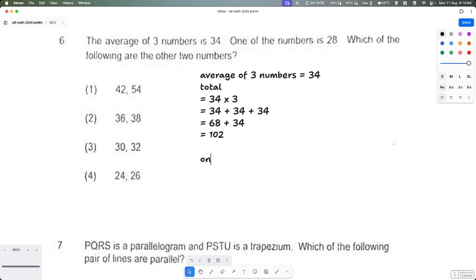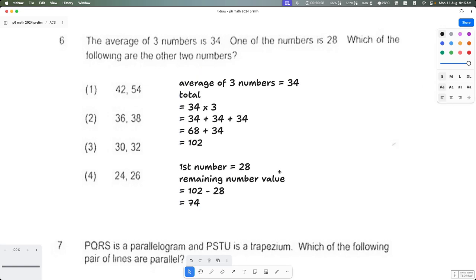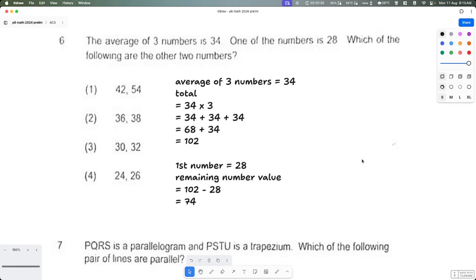One of the numbers, I would say the first number, is 28. So the remaining number value is equal to 102 minus 28, which should be 74. So for the remaining number value it is 74.